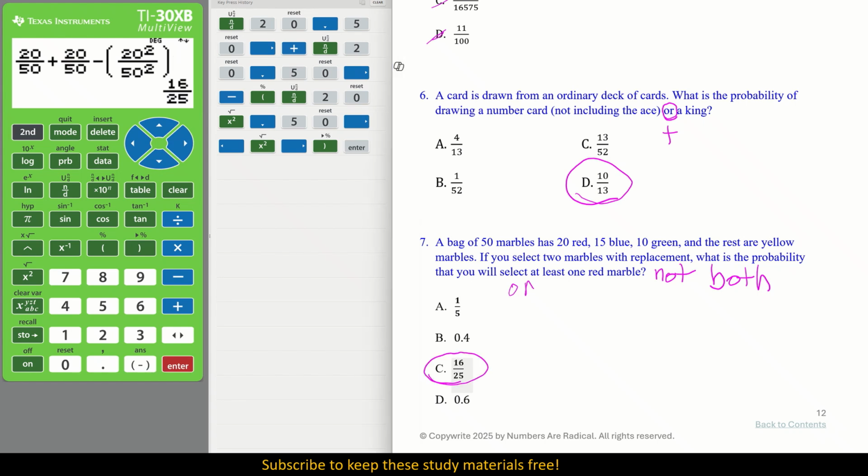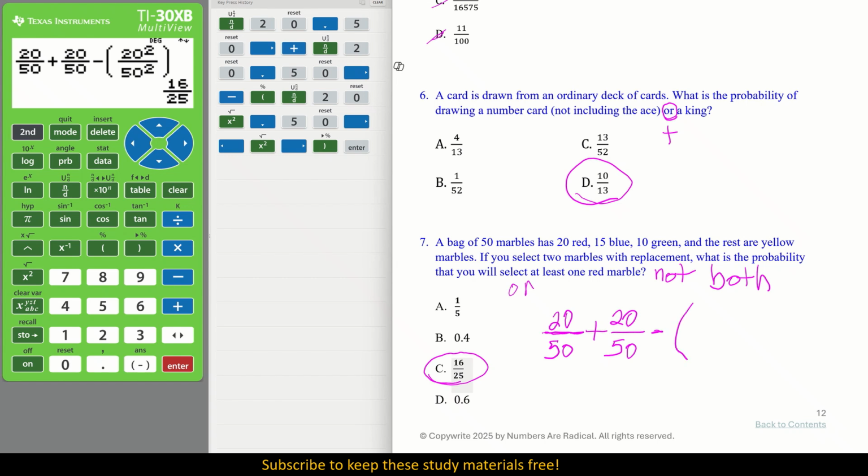Okay, if you didn't understand what I was doing, on the second one, I kind of cut to the chase and skipped a step. So the first one, we had 20 out of 50. Well, it says at least, so that's one or the other. So that means add. Then we have 20 out of 50 because we replaced, and we still have 20 red marbles.